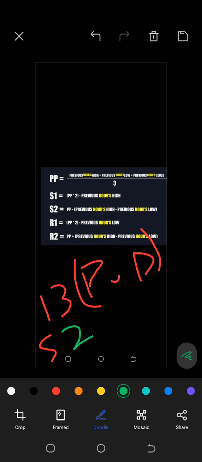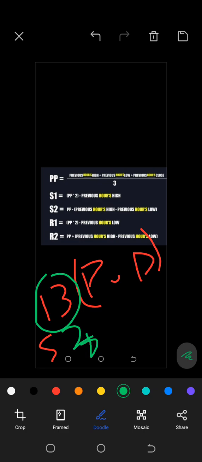Then we come to the resistance level 1. You have to multiply the pivot point figure by 2. We are just using 13 as an example, the pivot point we got after calculating.